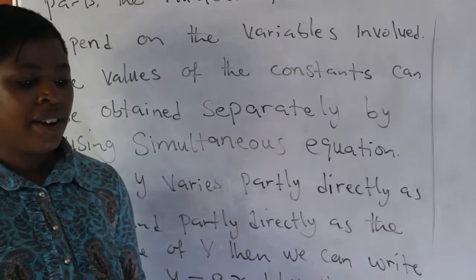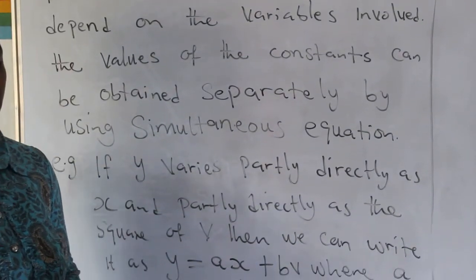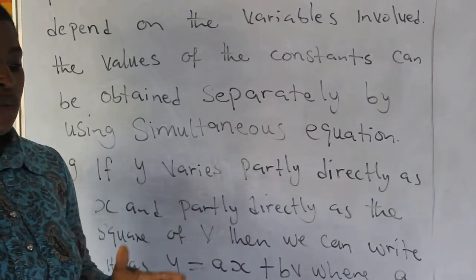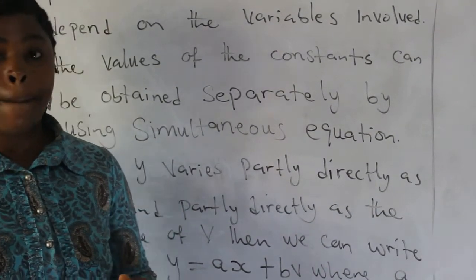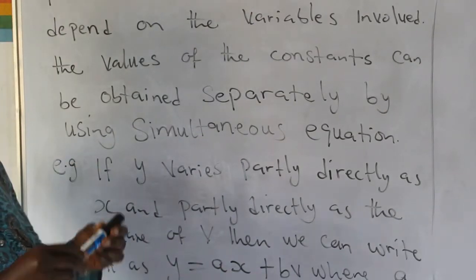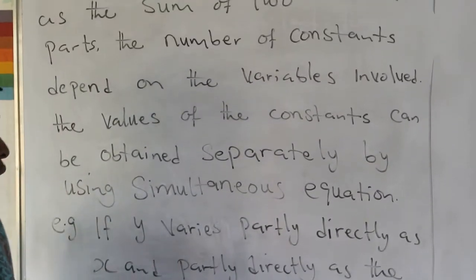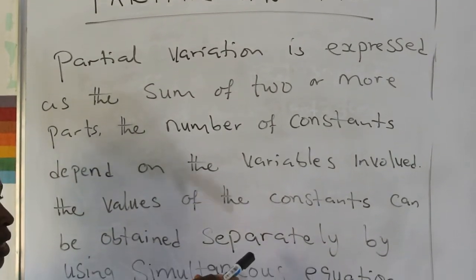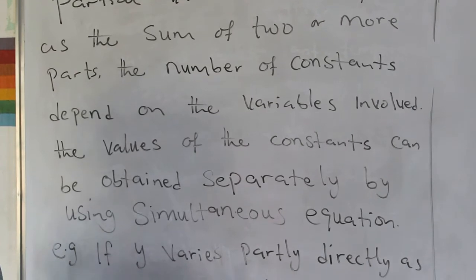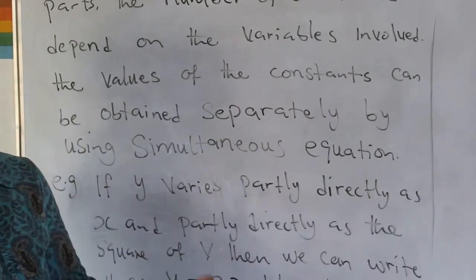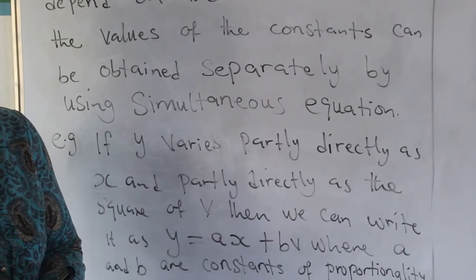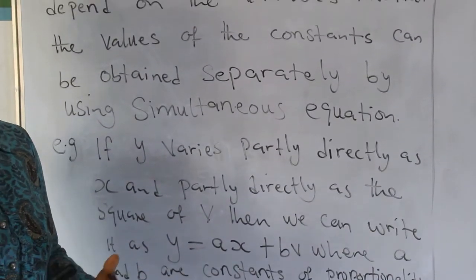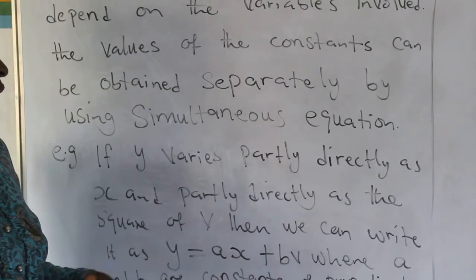So when variation is expressed as a sum of 2 or more parts, we say it is what? Partial variation. So I talked about obtaining the constant through simultaneous equations. Of course, we know that of simultaneous equations. You can use either the elimination method or the substitution method to get the constant.